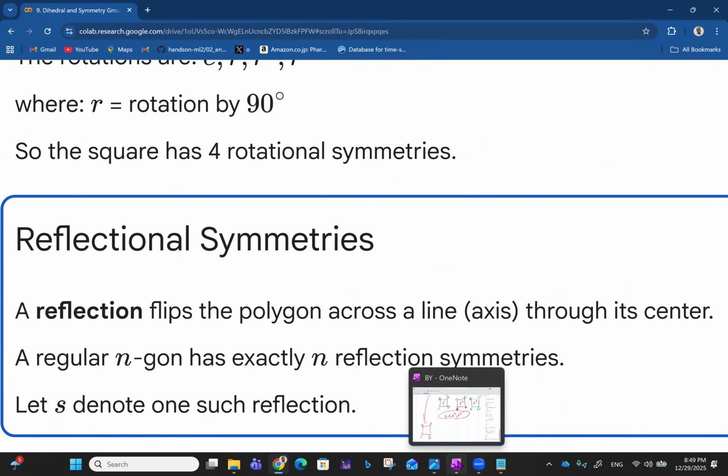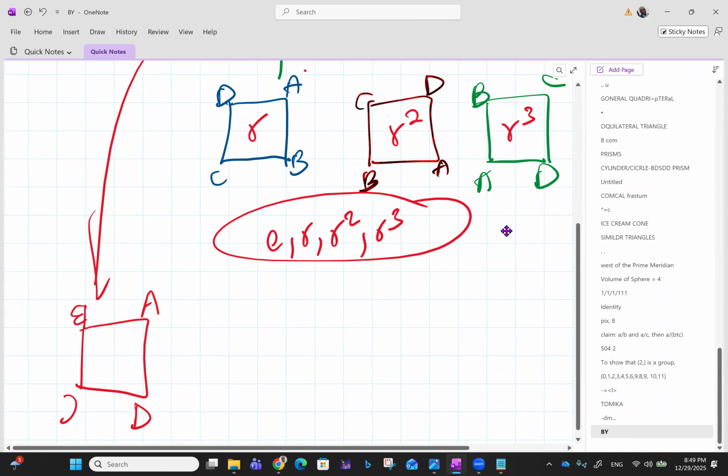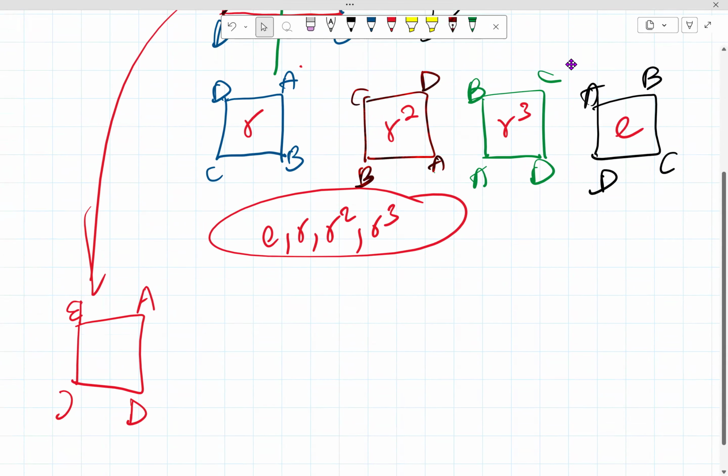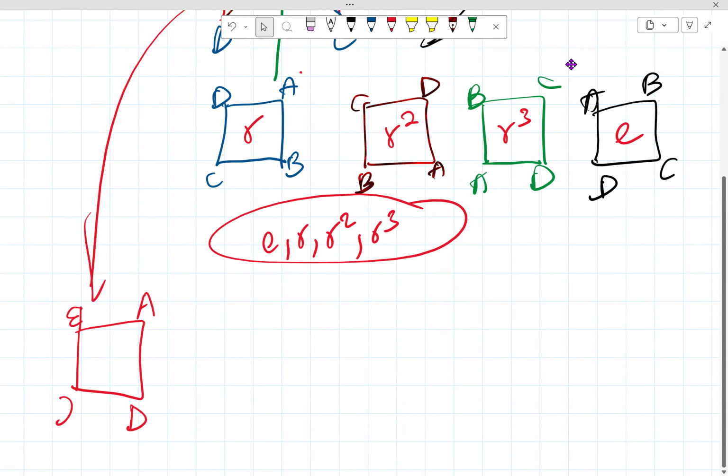I want to believe that each reflection possibility will coincide with each rotation you have. So this one is for the original. There's a reflection that corresponds with each rotation.